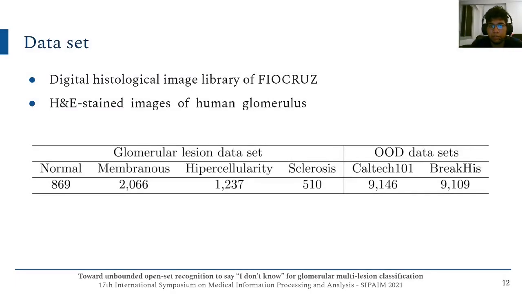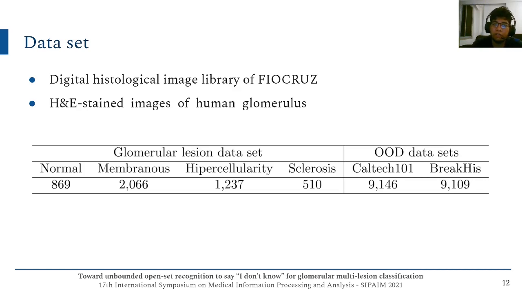As I already pointed out the classes we used, now I give more details about the dataset. We use anonymized images selected from the digital histological image library of Fiocruz, resulting in 4,682 images of human glomerulus stained with hematoxylin and eosin.